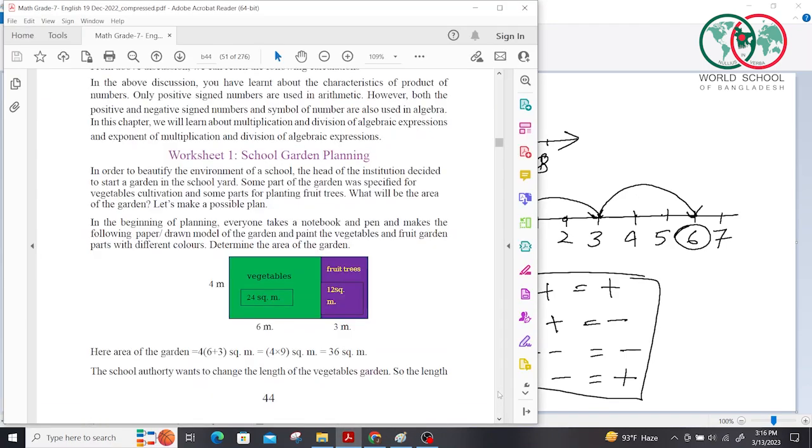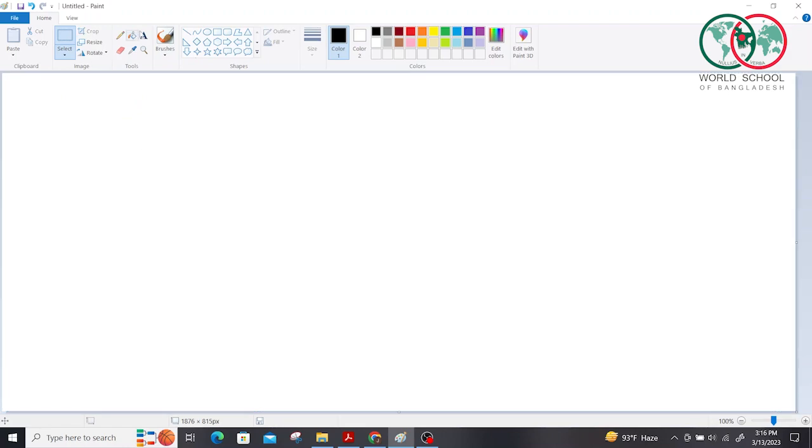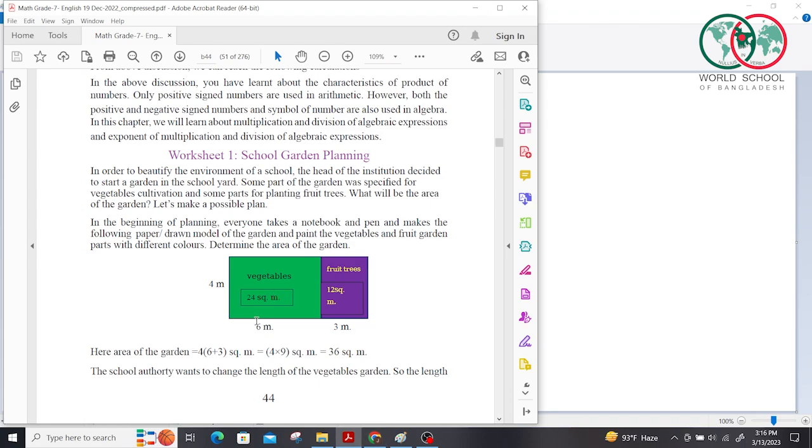Okay, next, the area of a garden or anything. When we want to find the area, we need the length and width of the square or rectangle. Suppose you are given this, where the lengths are 6 meter and 3 meter and the width is 4 meter. First we have to find the total length.